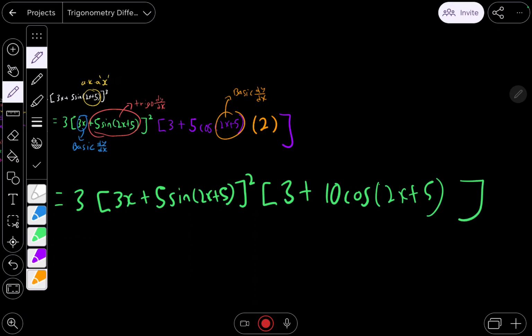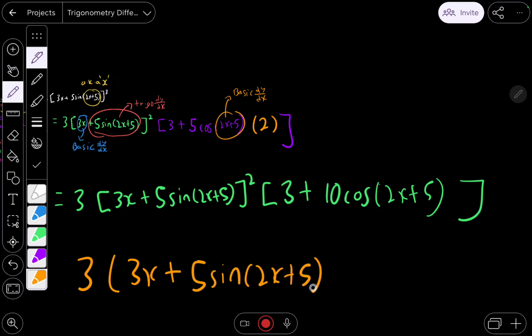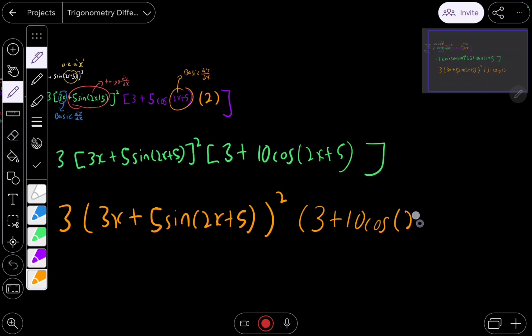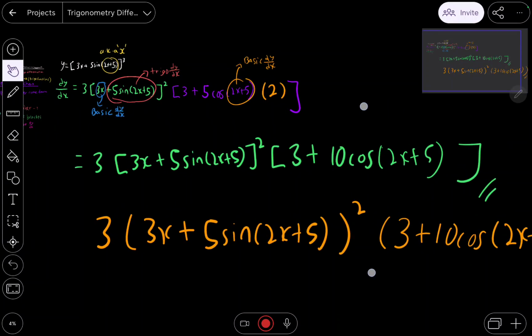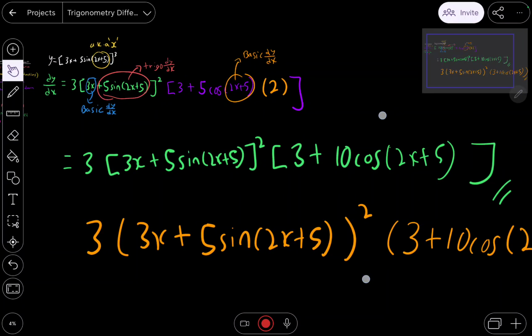I'll write my answer in round brackets in another color. This is also accepted. And actually, if you ask me, I will accept the square bracket one because there's a round bracket inside, which I don't want to make myself more confused. So that's why I want to leave my answer in this format. I prefer the first one, in green, than the second one. But the second one, I will also accept if a student gives me this as the answer.